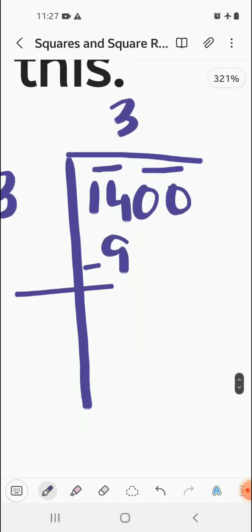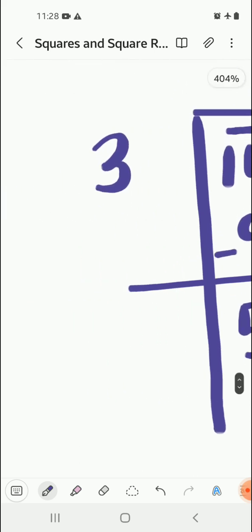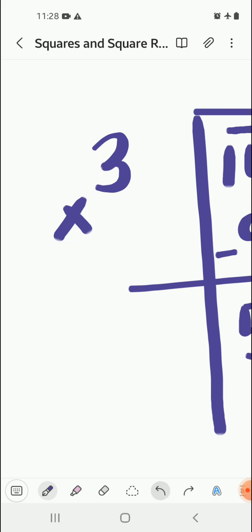Subtract the number, we are going to get 5. These pair of zeros will move down. Here, this 3 will be multiplied into 2. This is the general step that we follow.